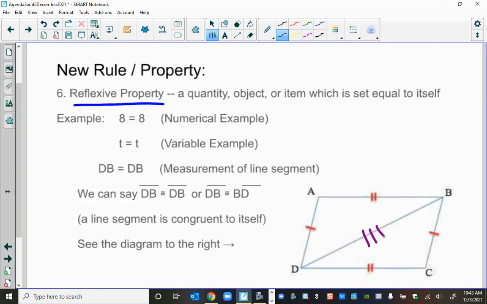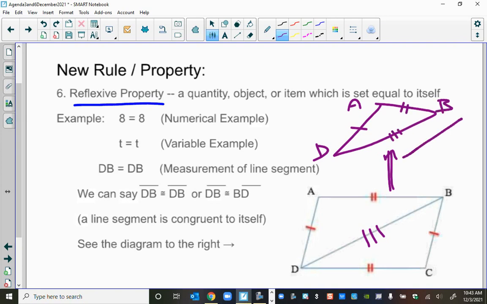Basically, if we broke up this figure into two smaller triangles, the reflexive side is the side being shared in both triangles.